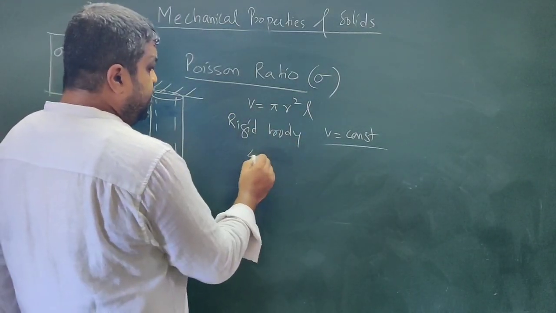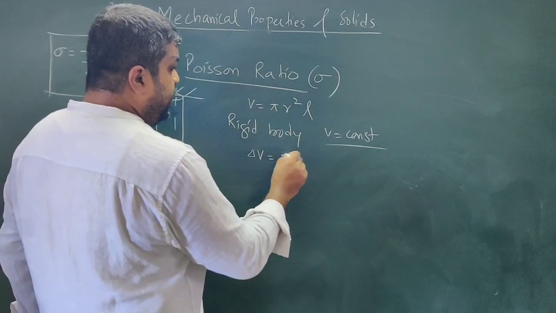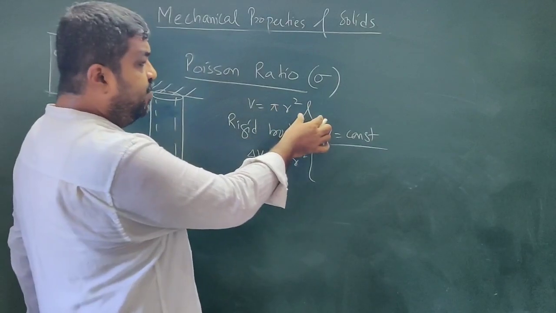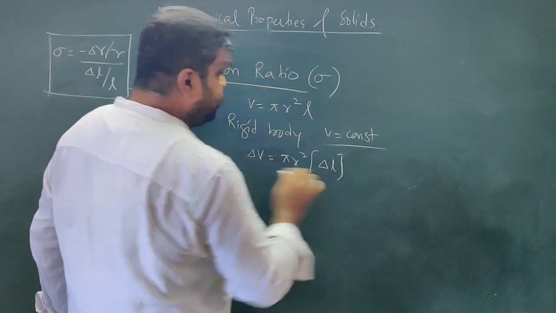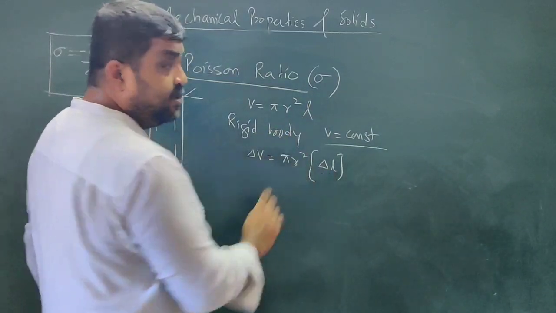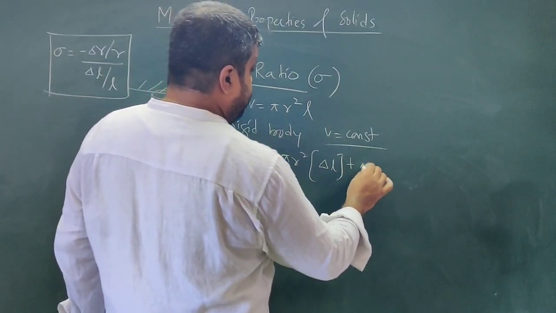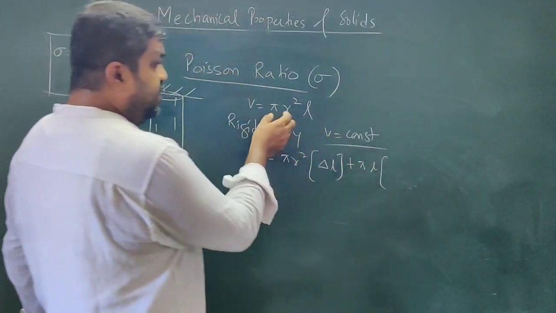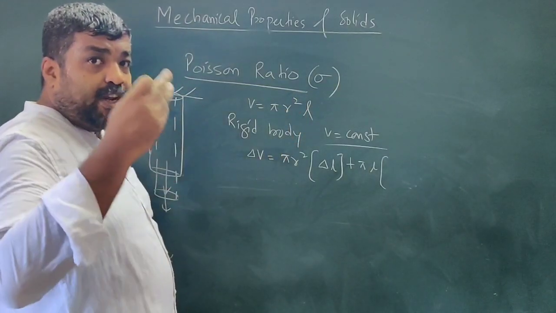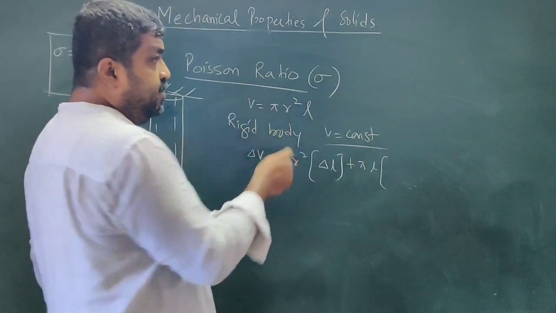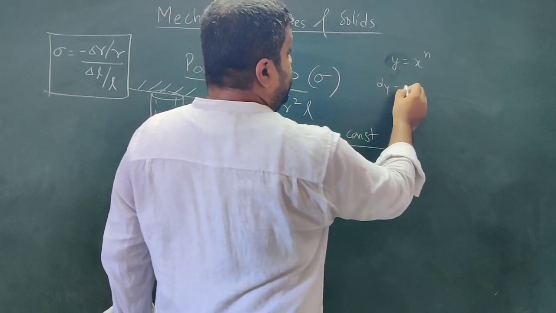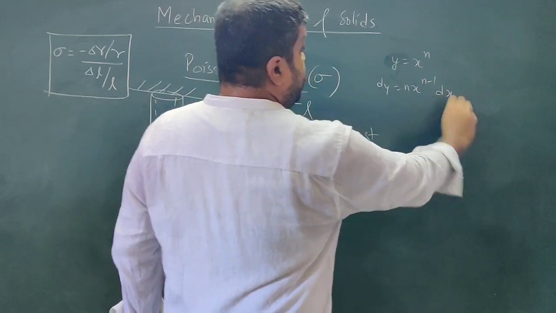If I differentiate this, delta V is equal to pi R square, taking R as constant and differentiating L, so this becomes delta L. There are two terms, R and L. Plus pi L, taking L constant and differentiating R. Recall, if y is equal to x power n, then dy is equal to n x power n minus 1 dx.